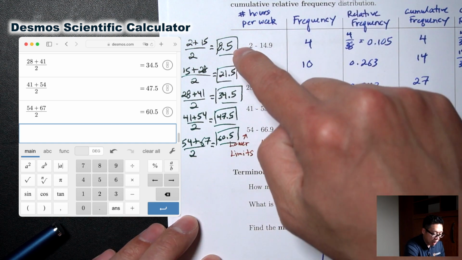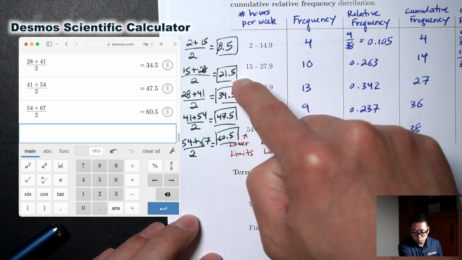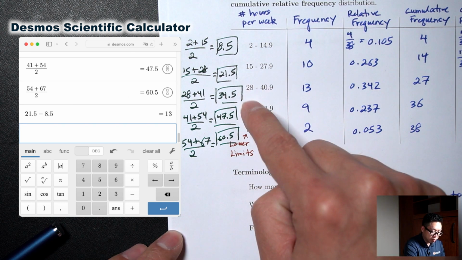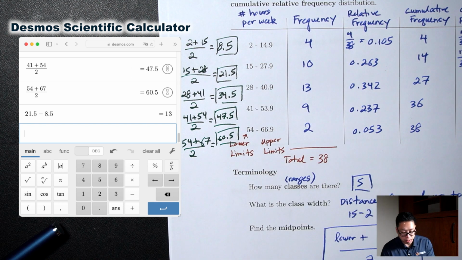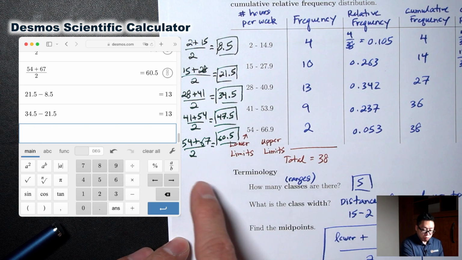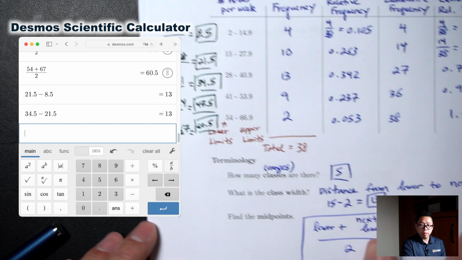So notice that 8.5 to 21.5, if I subtract those, 21.5 minus 8.5, 13. If I subtract 34.5 minus 21.5, it's 13. The midpoints are also going up by 13.